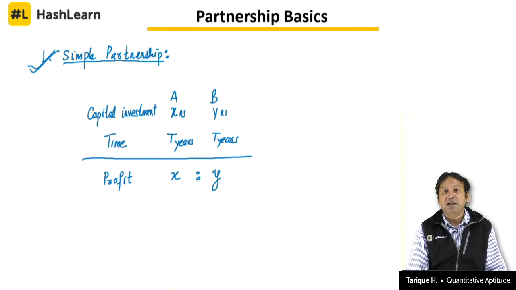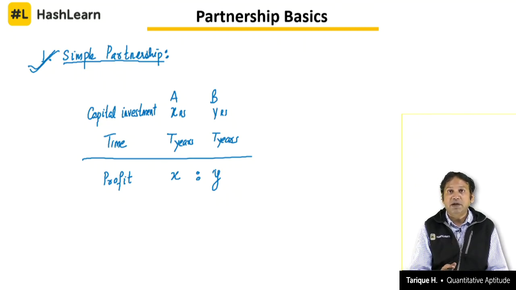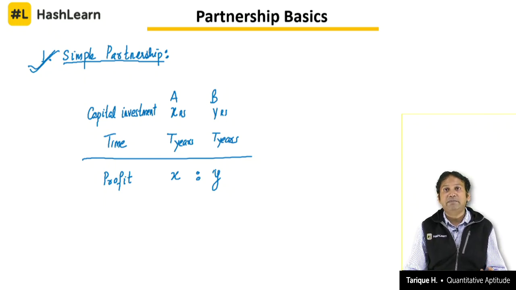The ratio of profit will be equal to X is to Y. We need not worry about the time period, because time is constant and no other change has happened. The amount has also remained constant. The profit will be distributed in the ratio of their initial investment. This is what is called simple partnership.